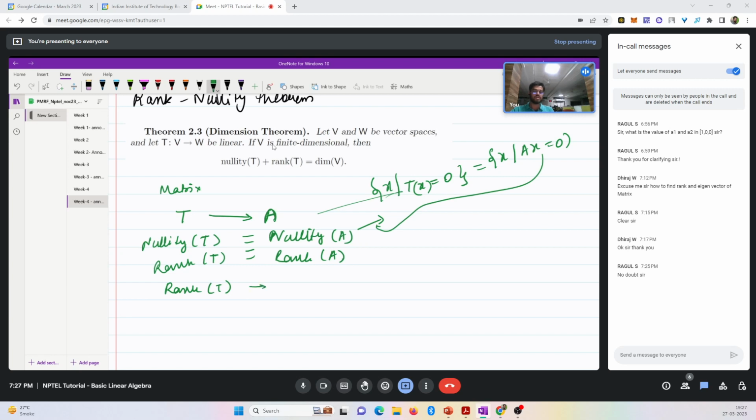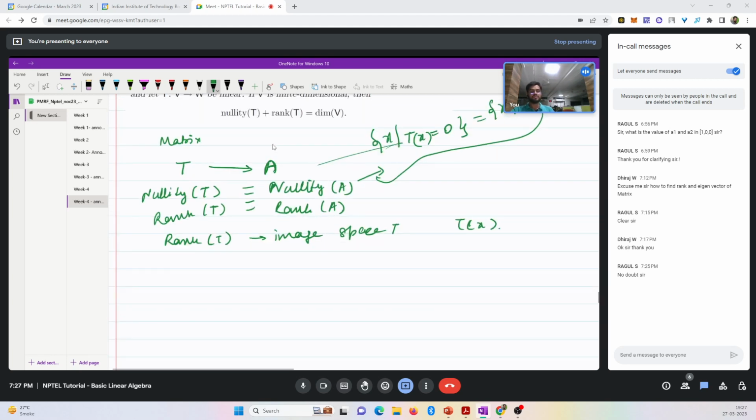This is nothing but the image space, that is T of x. Now, if you look at all A of x, they can have as many linearly independent vectors A of x as the number of pivot elements of A.